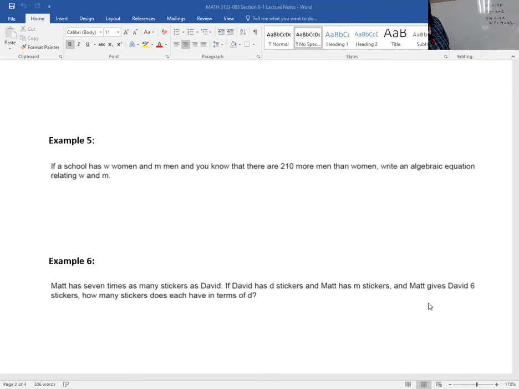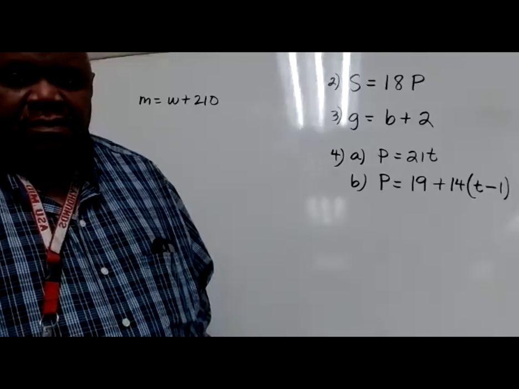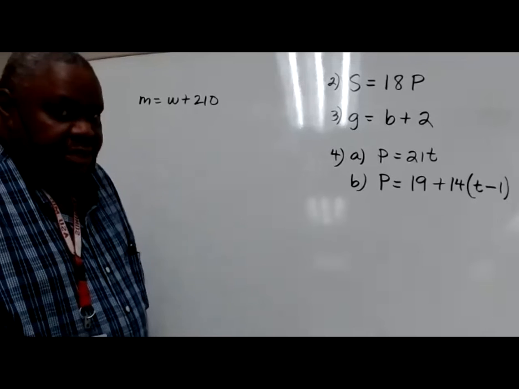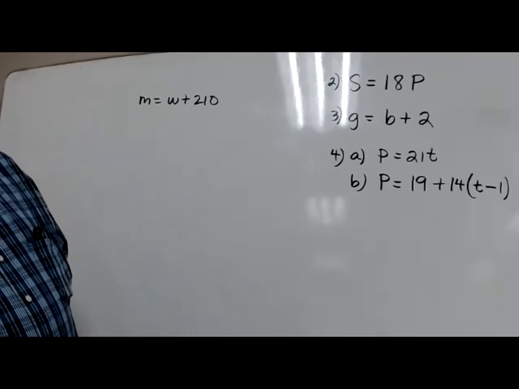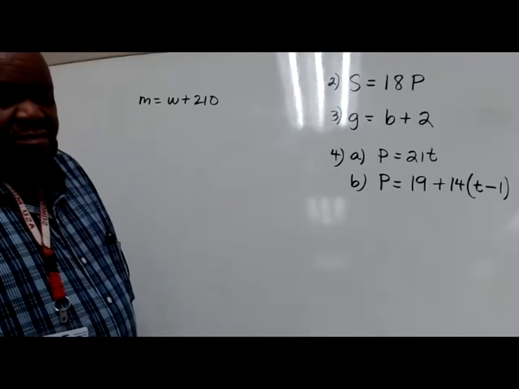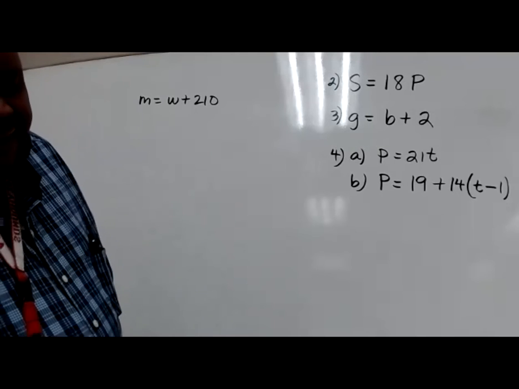M equals W plus 210. Right. Number of men is equal to W plus 210, because there are 210 more men than women. Okay, M is equal to W plus 210. All right, questions on example 5?